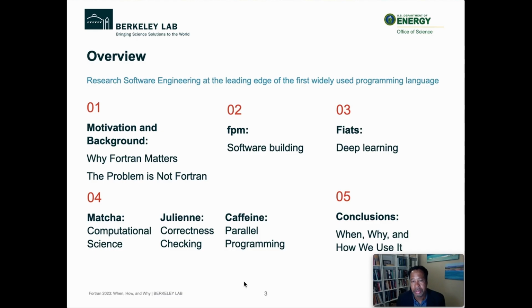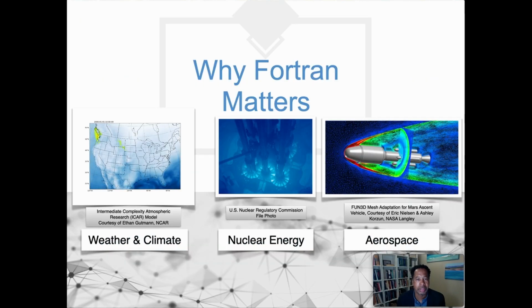I'll also cover open source software to which my group contributes across domains from software building to deep learning, computational science, correctness checking such as unit tests and assertions, parallel programming, and I'll conclude with a summary of when, how, and why we use the language.